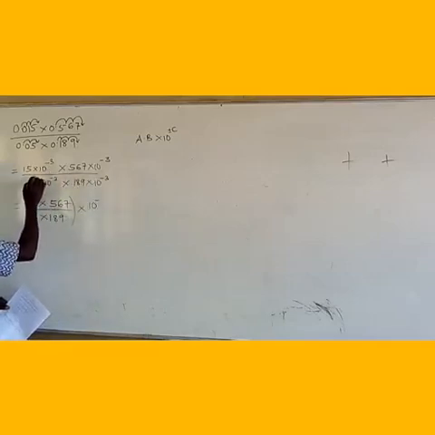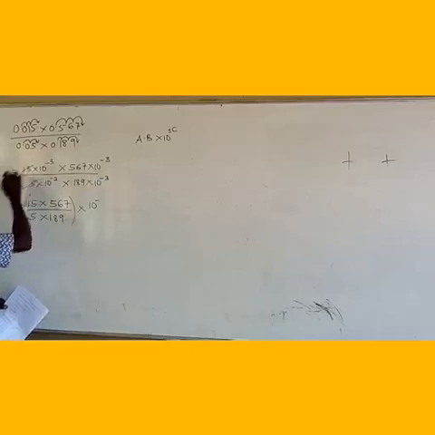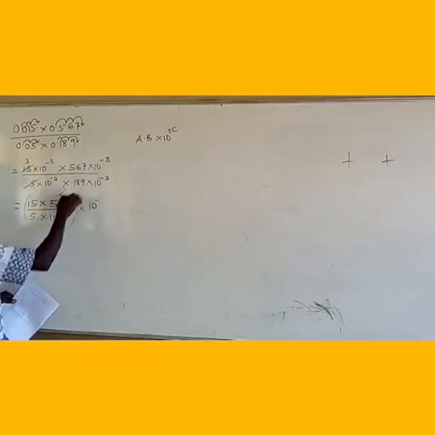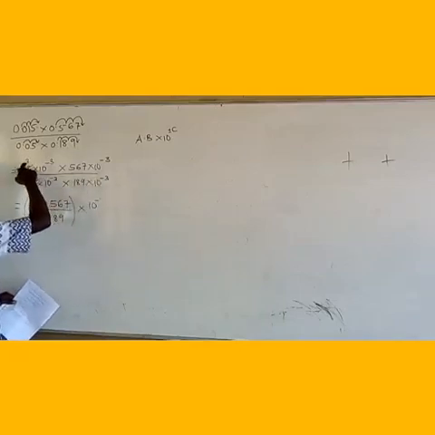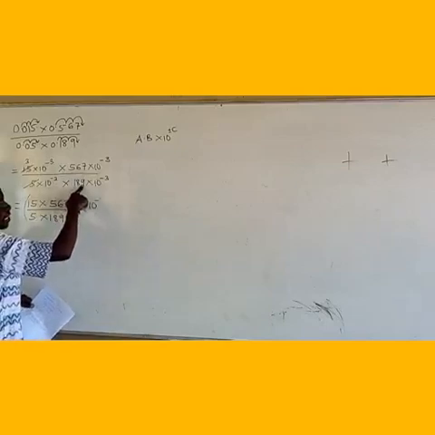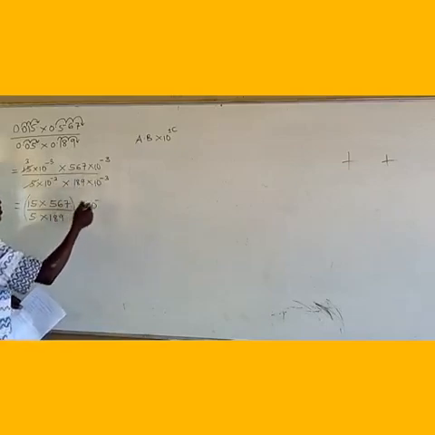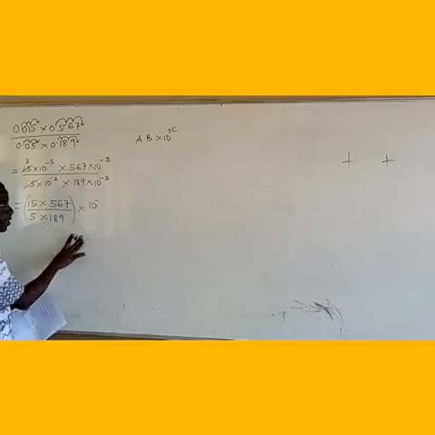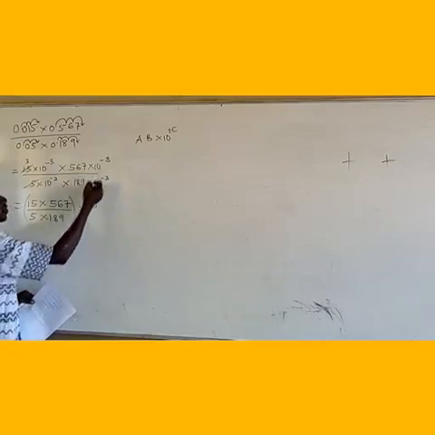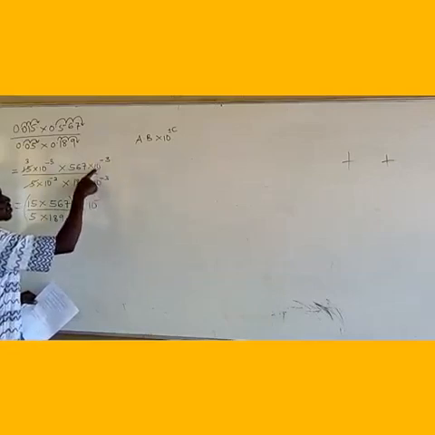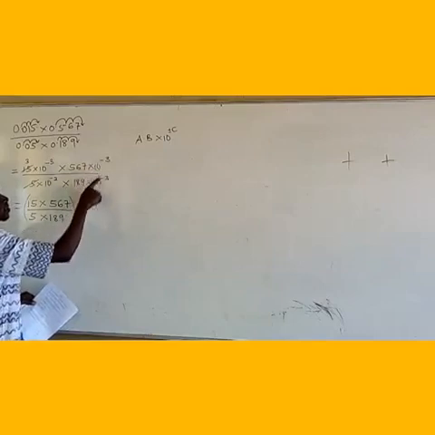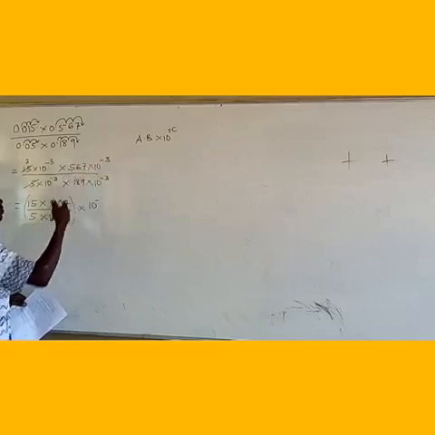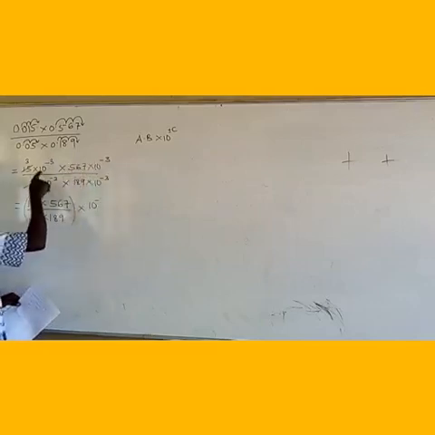We can easily do cancellation. 5 will go into 15 3 times. Then 3 will go into 189 a certain number of times, so you quickly use your calculator to do the division. 189 divided by 3 will give us 63. So 3 into itself is 1, and 3 into 189 is 63. Secondly, we can also simplify using indices. This is 10 raised to the power negative 3, and this is also 10 raised to the power negative 3.